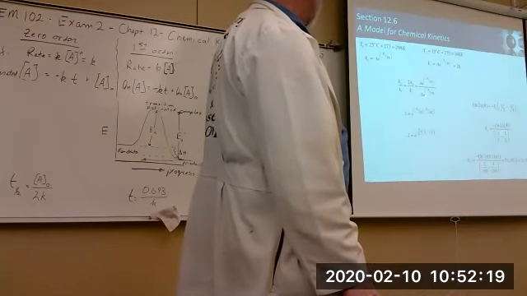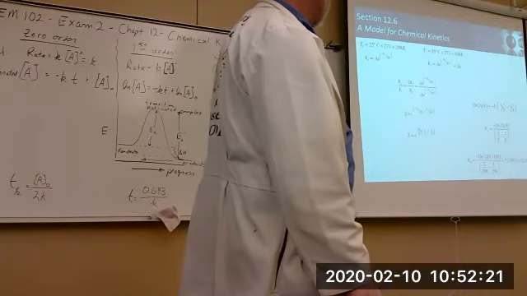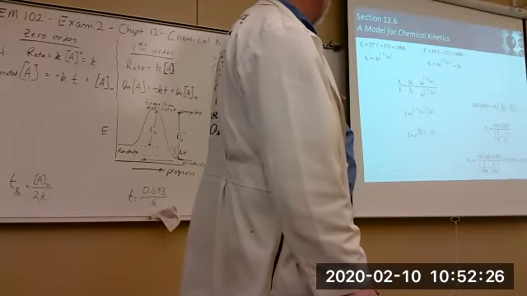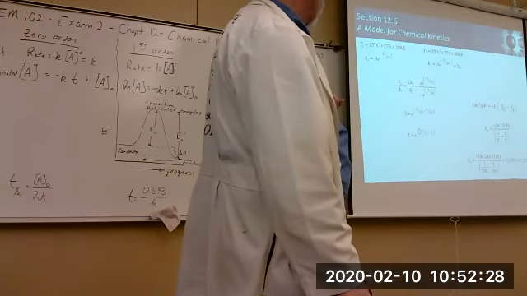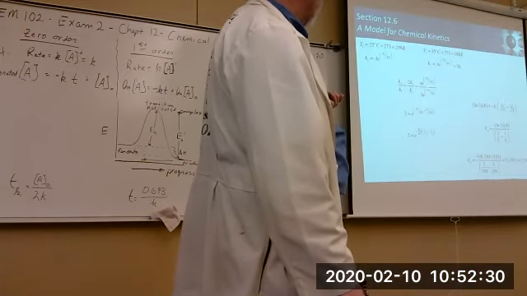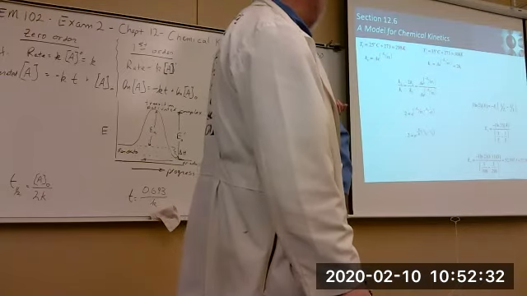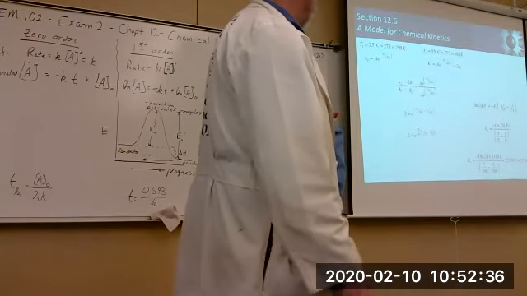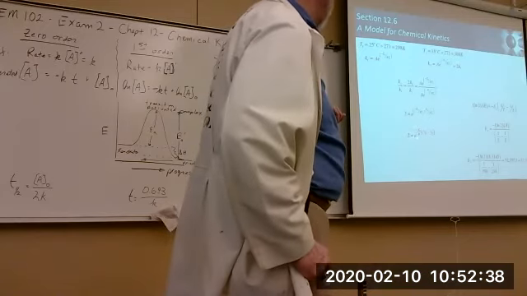The A's cancel, and then e to this one minus this one, right? Because it's in the denominator. So that's why it's a minus a minus, a plus. So there we have our power of e, and we consolidate terms and we find that 2 equals e to this.